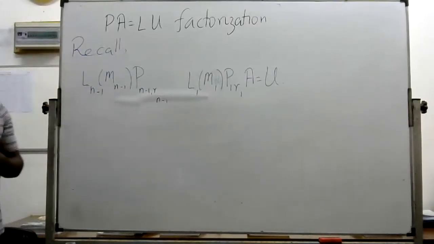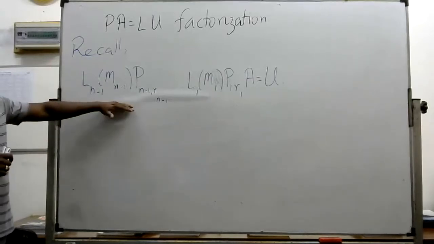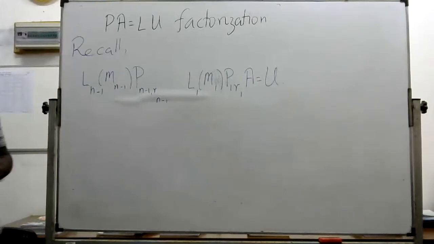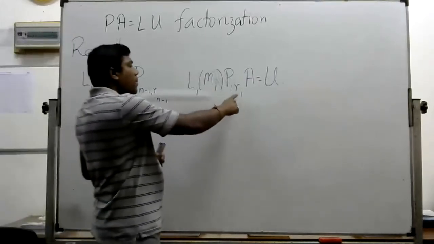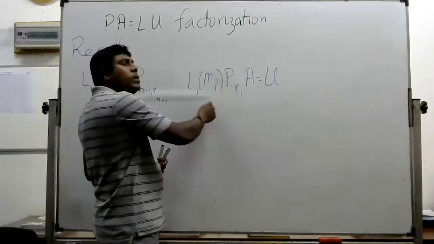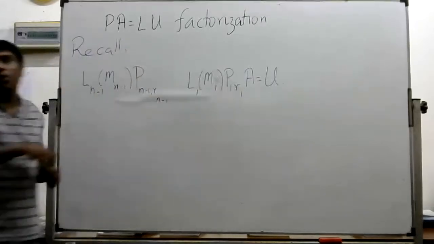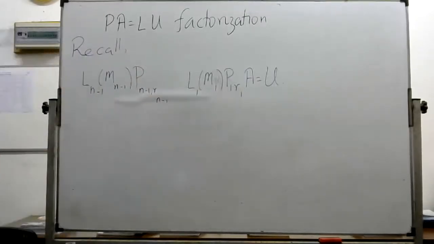Okay. So what are the difficulties we are having in going from here to here? The first difficulty is you have permutation and lower triangular, permutation, lower triangular, permutation, lower triangular. All of them are mixed inside each other.